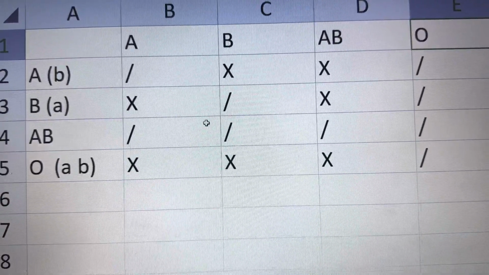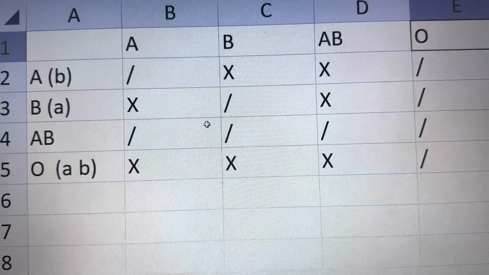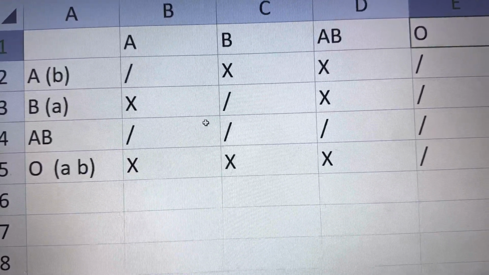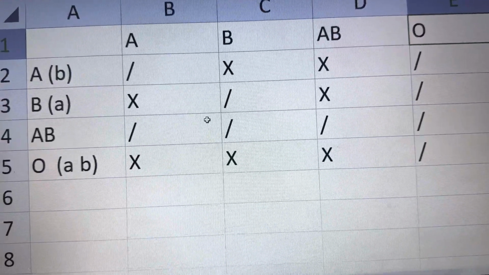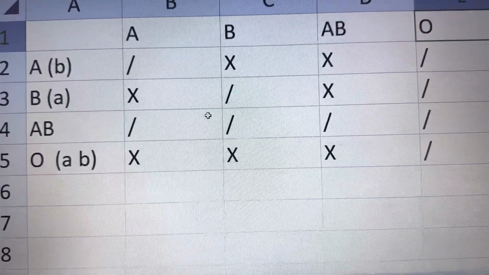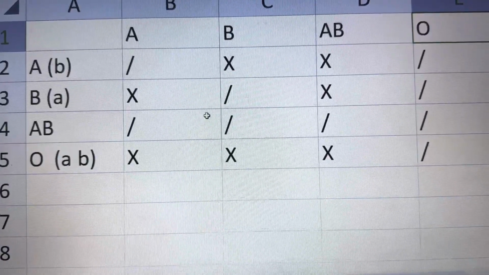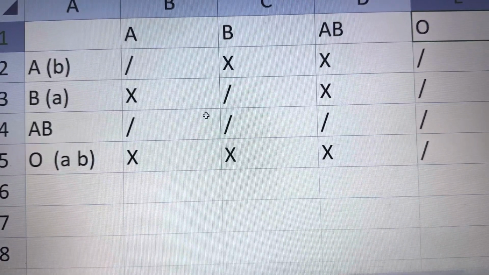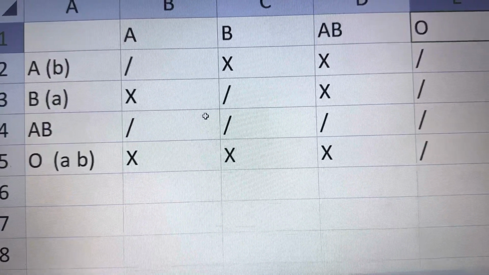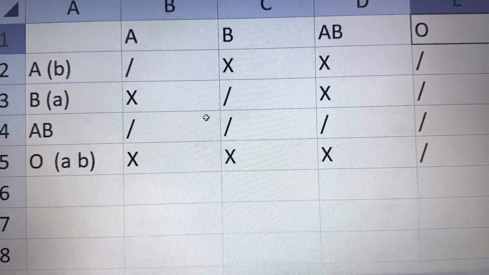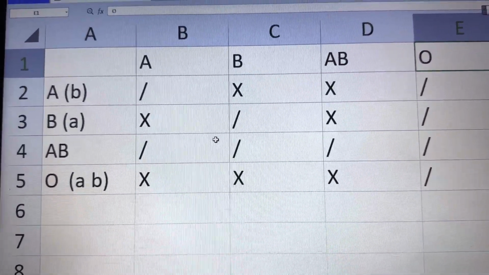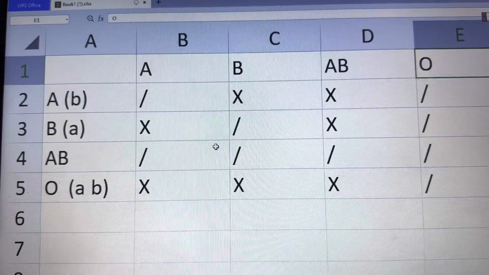So if we take a recipient with blood group A and a donor with blood group AB, here again no blood transfusion will take place. The reason I'm saying that is that a donor with blood group AB has B antigen and the recipient of blood group A has B antibodies.